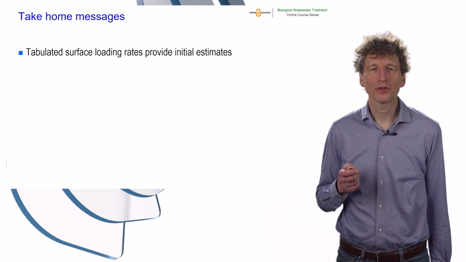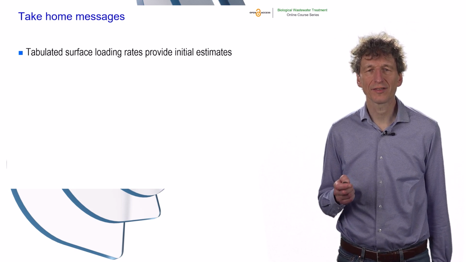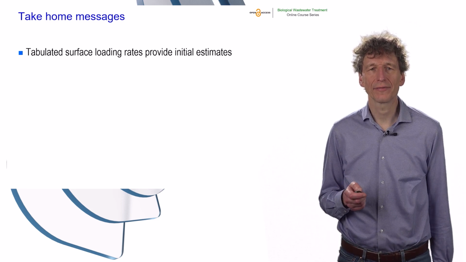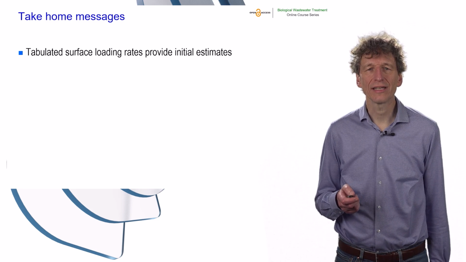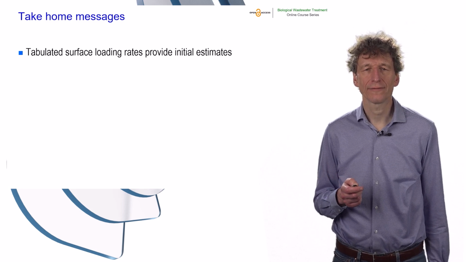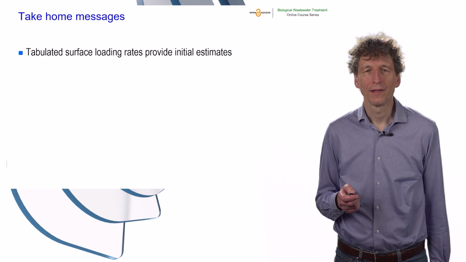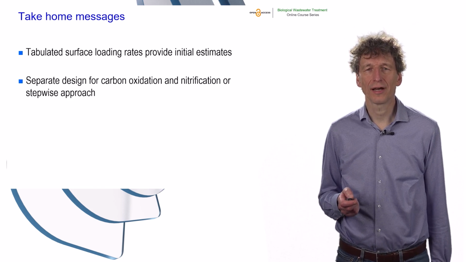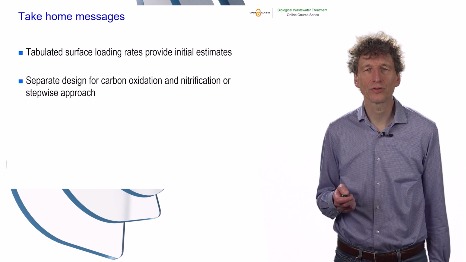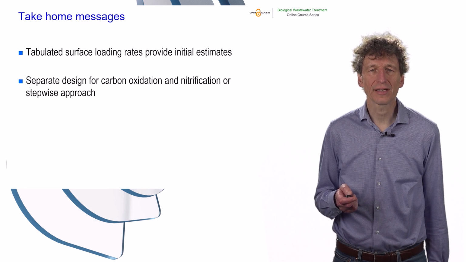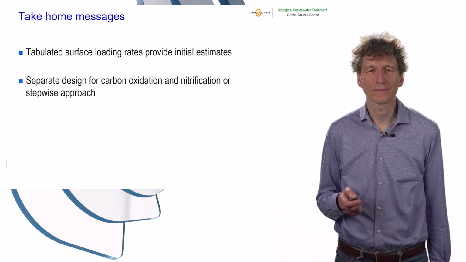Here are the take-home messages. Tabulated surface loading rates provide initial estimates that are useful for back-of-the-envelope calculations. But these surface loading rates only implicitly consider a range of factors influencing reactor design, for example, temperature, target effluent concentrations. We can use our process understanding to do a stepwise design using our analytical solutions, or to do separate design for carbon oxidation and nitrification.